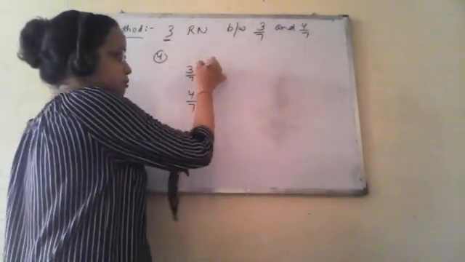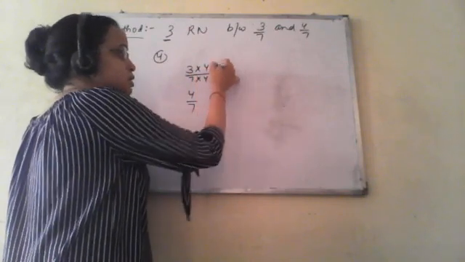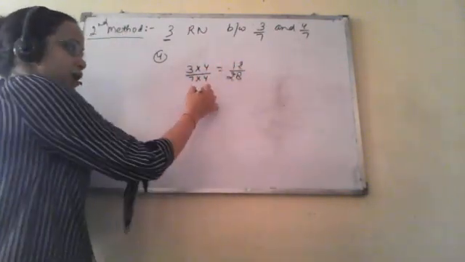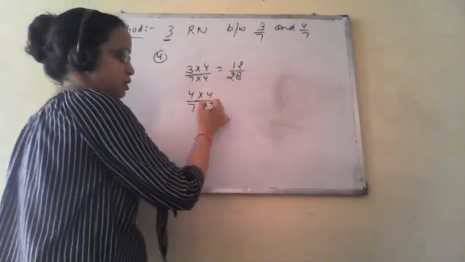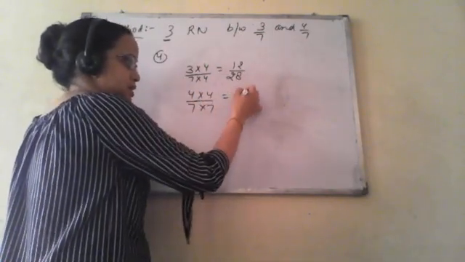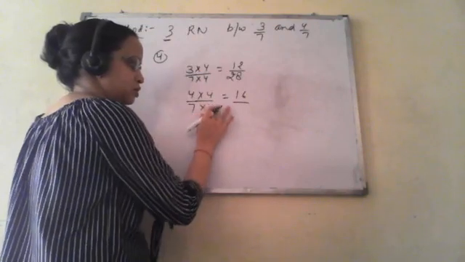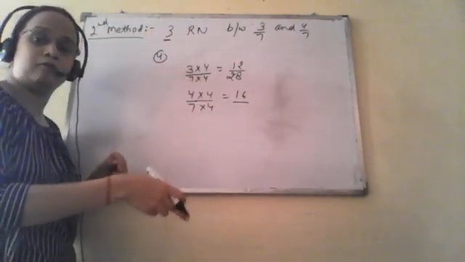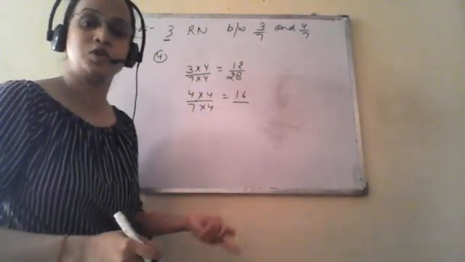So this becomes 12 upon 28, and this is 16 upon 28. Since it is 3, we multiply by 4, meaning the next or consecutive number.